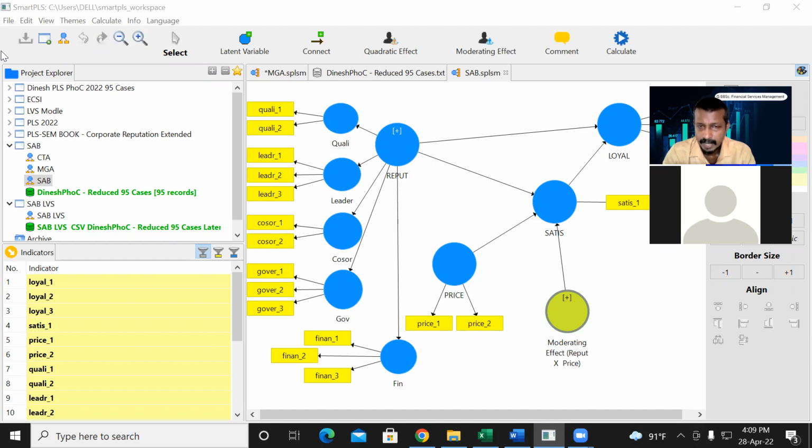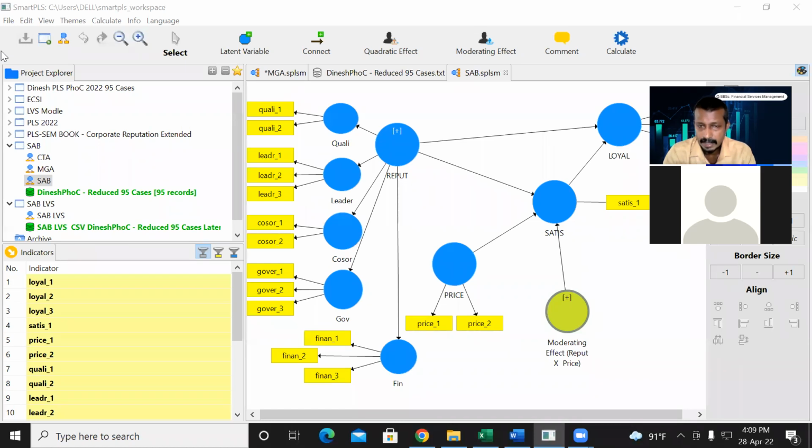That means the construct reflects the indicators. That means arrows are headed towards the squares, the indicators, from the circle construct. That's the traditional way AMOS has. Still, AMOS has this reflective measurement model.